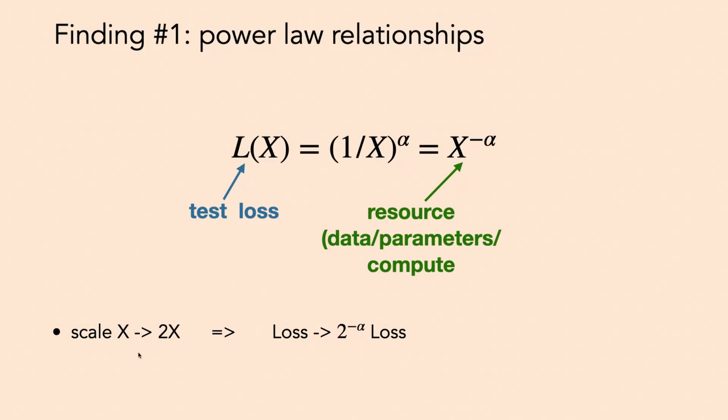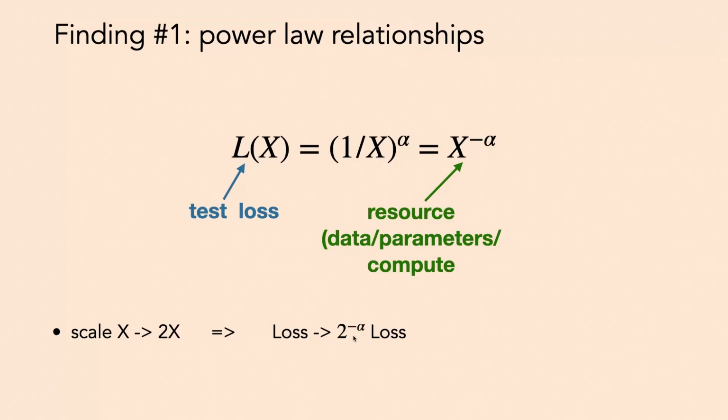Okay, so what does the power law say? It basically says if I double my resources, like I double my number of data points, my loss should go down by 2 to the negative alpha. Alpha is the parameter of the power law that describes its shape. If I quadruple my data points, my loss should go down by 4 to the negative alpha.